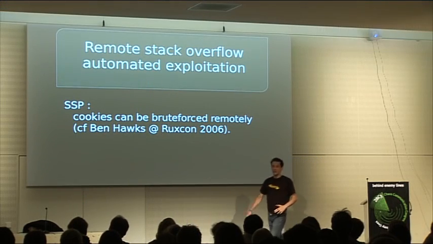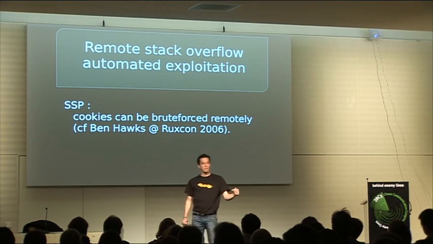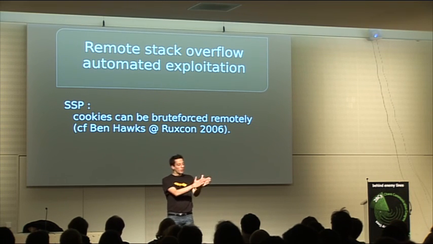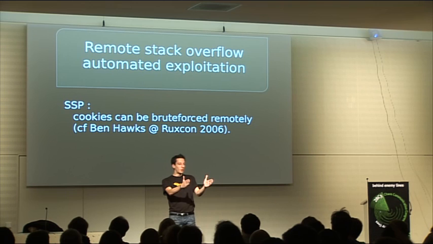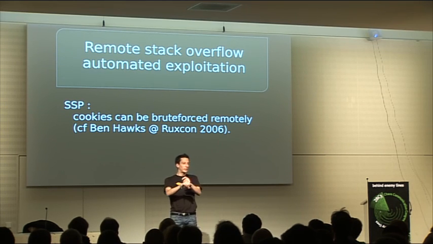So what Ben said is that, hey, you know what? I'm going to overwrite byte per byte the stack cookie in different threads. So I create a new connection. I send the amount of data to fill in my stack buffer, and then I'm reaching my canary. I'm overwriting only the first byte.